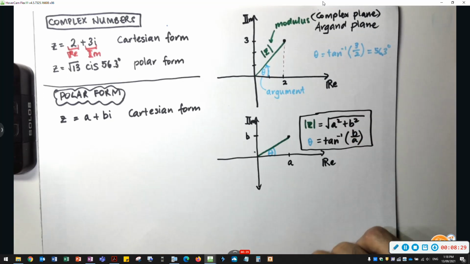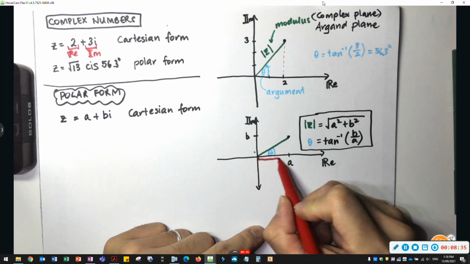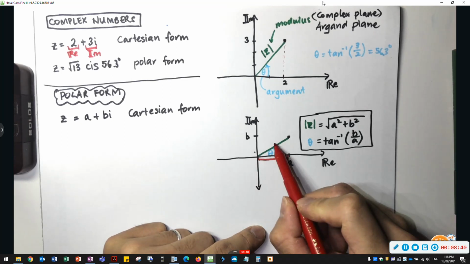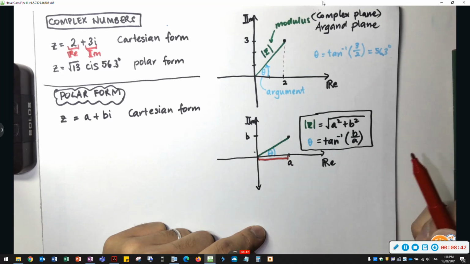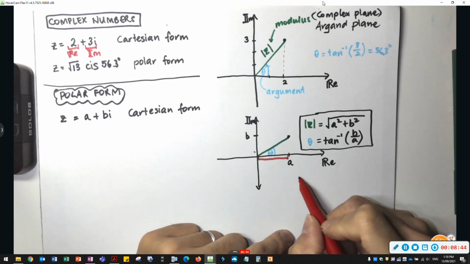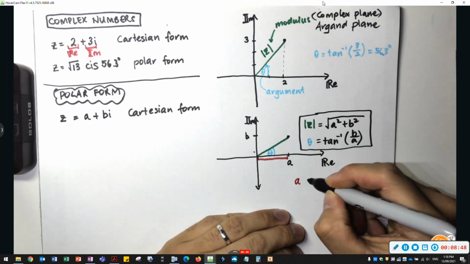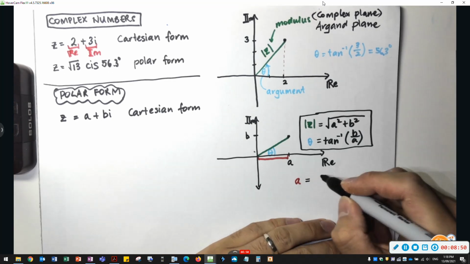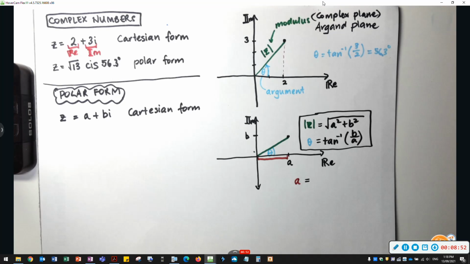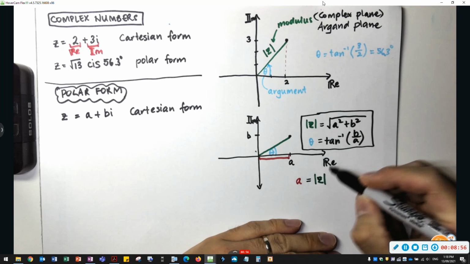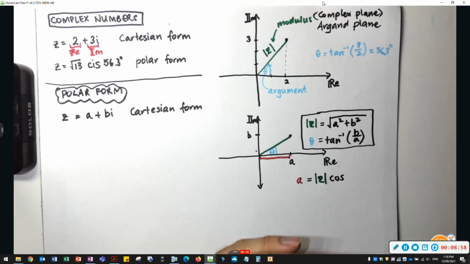Okay, more about what the cis means. So if you have a look at this component here, A, we can also write that in terms of the modulus and the argument. So you will see that A is the horizontal part, so simply A is the modulus of Z times the cos of the argument.